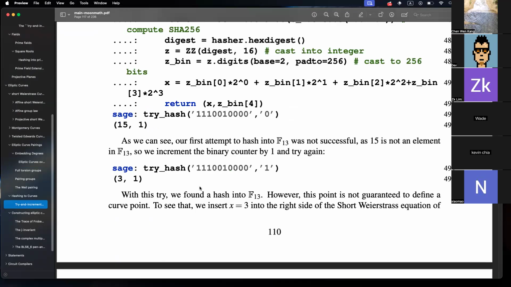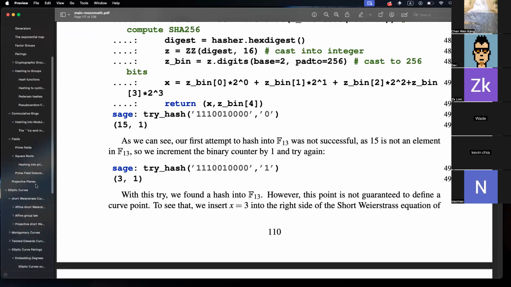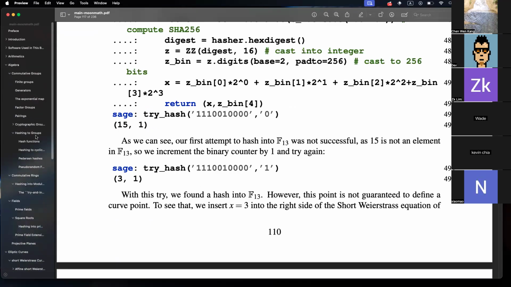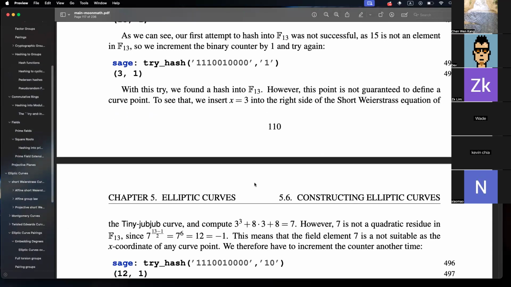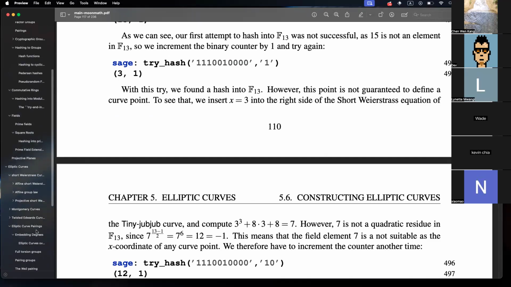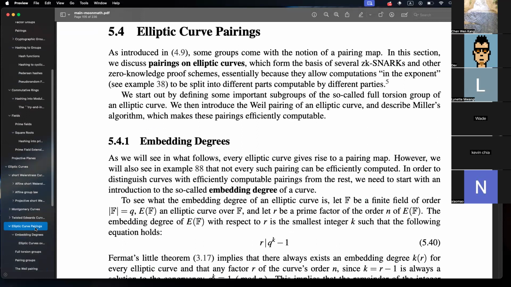Intuitively for me, at least. If you're just hashing into groups, it's slightly easier. Groups is a little bit more straightforward.